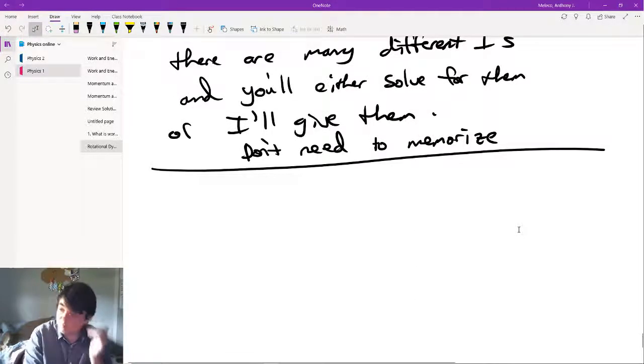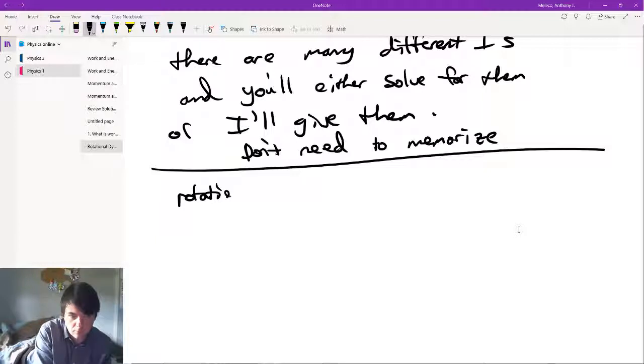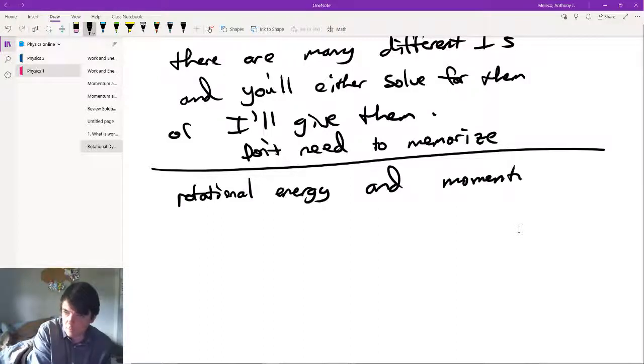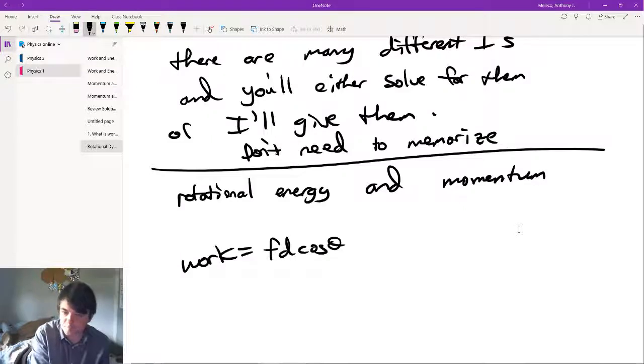Next up, rotational energy and momentum. So let's start with the energy first. For work, we always had work, right? And that was force, distance, cosine theta, right?